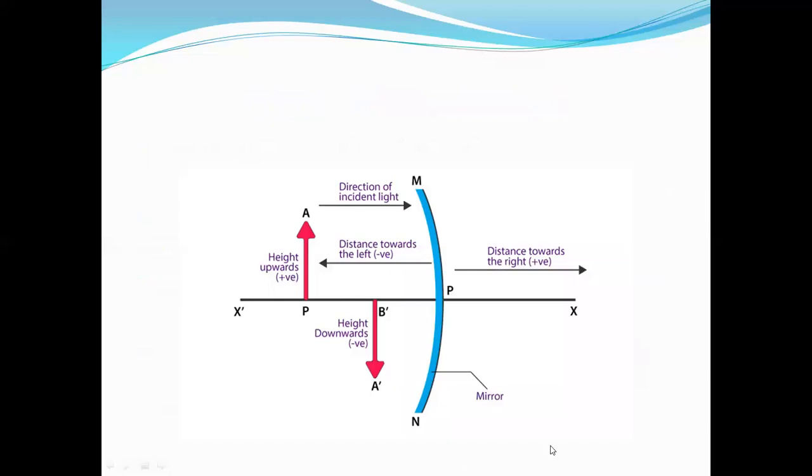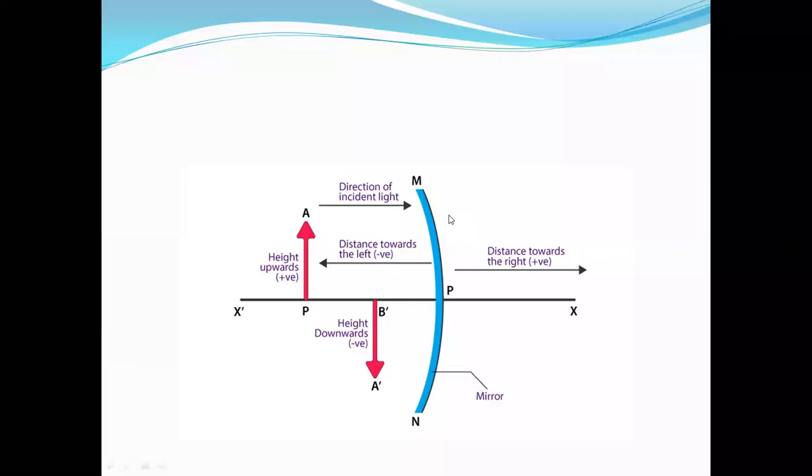Now come to this diagram and try to understand the sign conventions with it. In this diagram, it is a concave mirror, and in a concave mirror the blue portion is the reflecting portion.